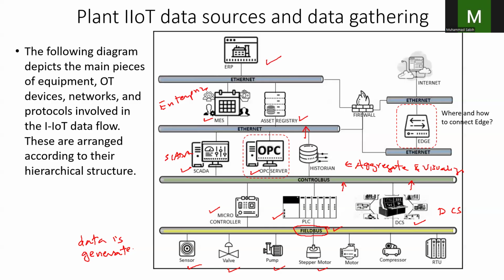So the question is where and how to connect the edge. The edge device is placed just before the firewall and connected over Ethernet to intercept and analyze the data before it reaches the cloud.